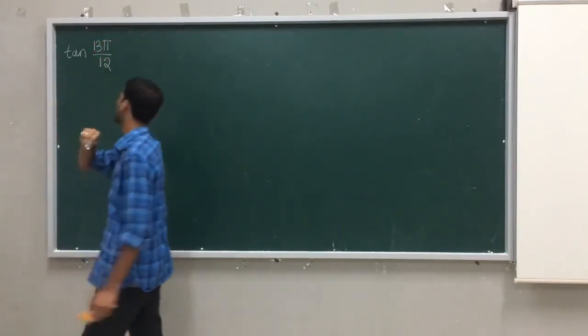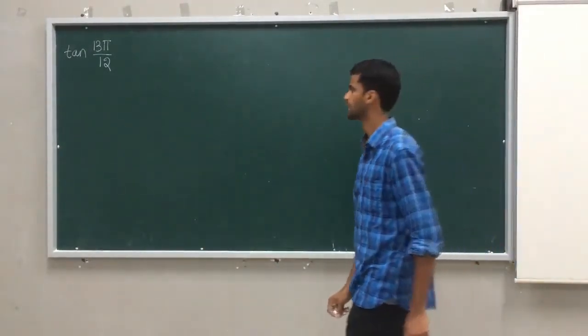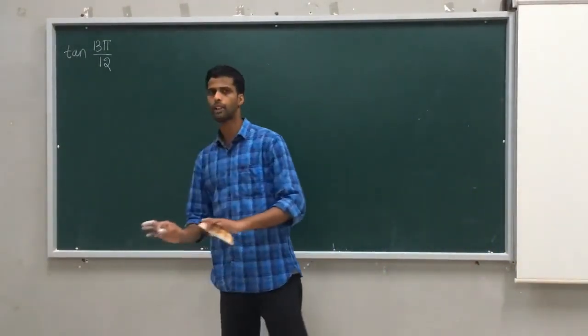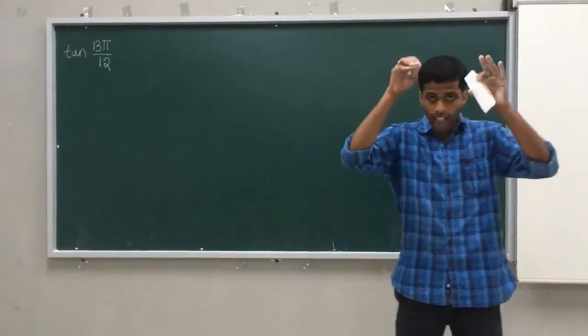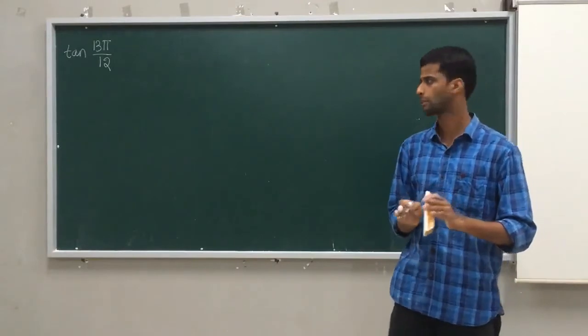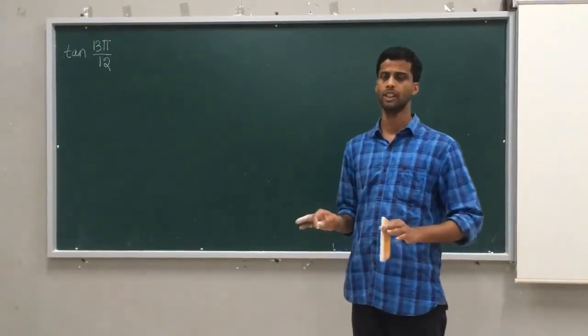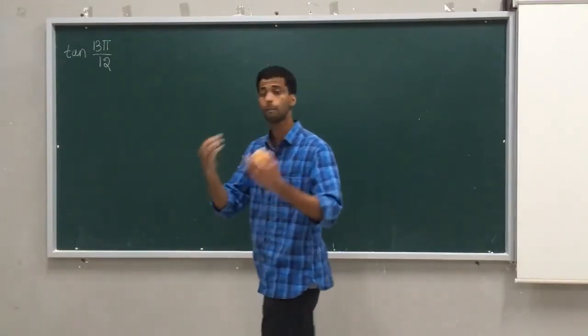Find the value of tan 13 pi by 12. That question we will discuss. Now I will not give this problem in detail. You have to think why I wrote it like this, because I saw many questions. If I go on saying like this, you won't work. So just think why I have written it like this.